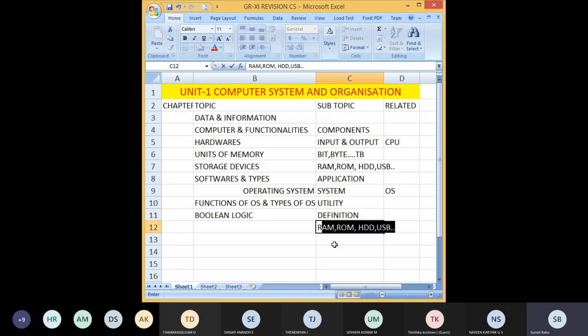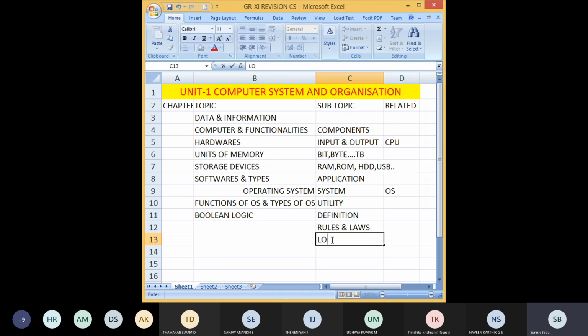Then what are the rules and the laws of Boolean: identity law, annulment law, complement law, De Morgan's theorem, everything you should know. Then you should know about the truth table of logic gates.